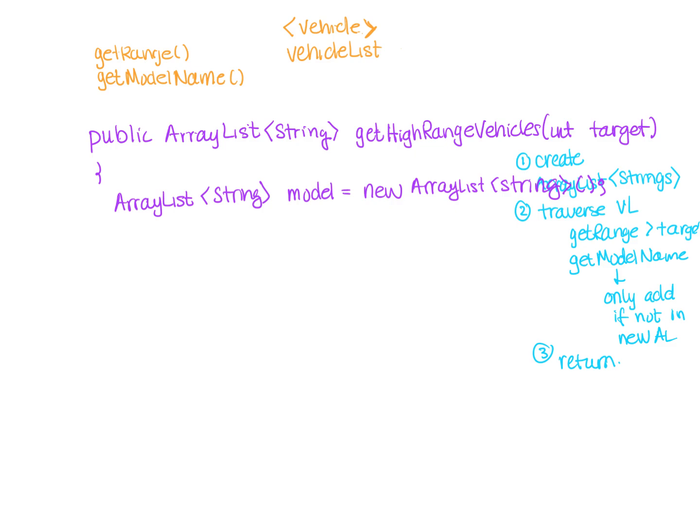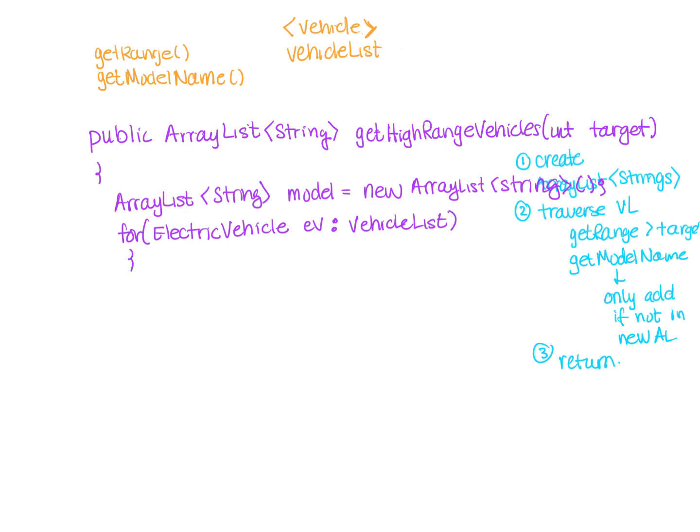Next thing we're going to do is traverse the vehicleList. I'm going to use an enhanced for loop. So for, we're looking for data type ElectricVehicle. I'm going to call it ev, and we're looking through the vehicleList.